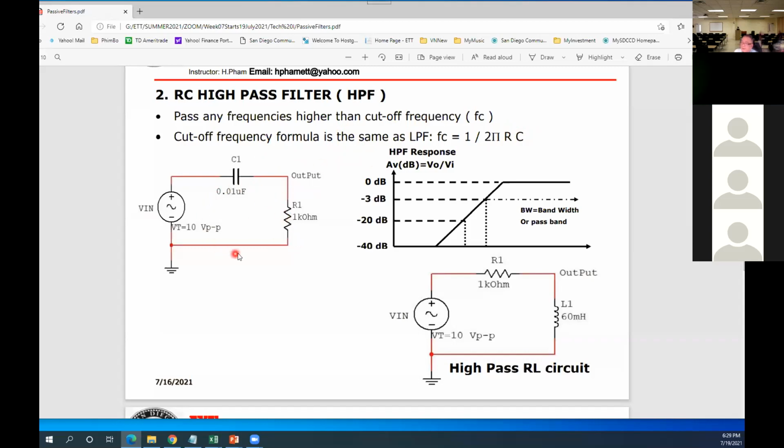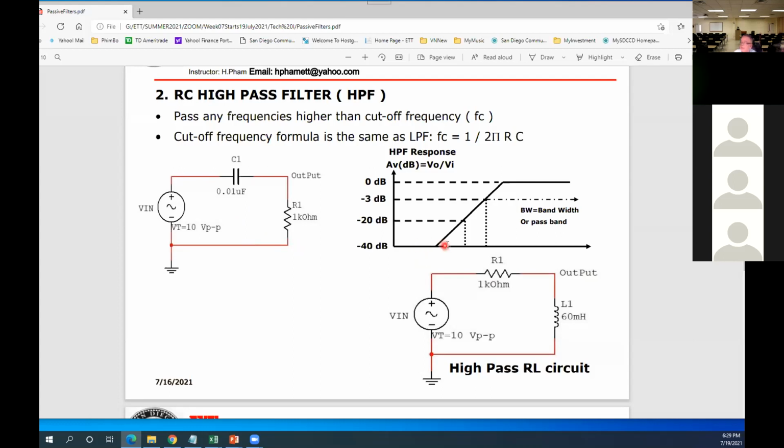For this circuitry, you can see it is different from the low pass. In the low pass, the capacitor will be here and R will be here. Now they just change the position of C and R, and it works like a high pass filter.